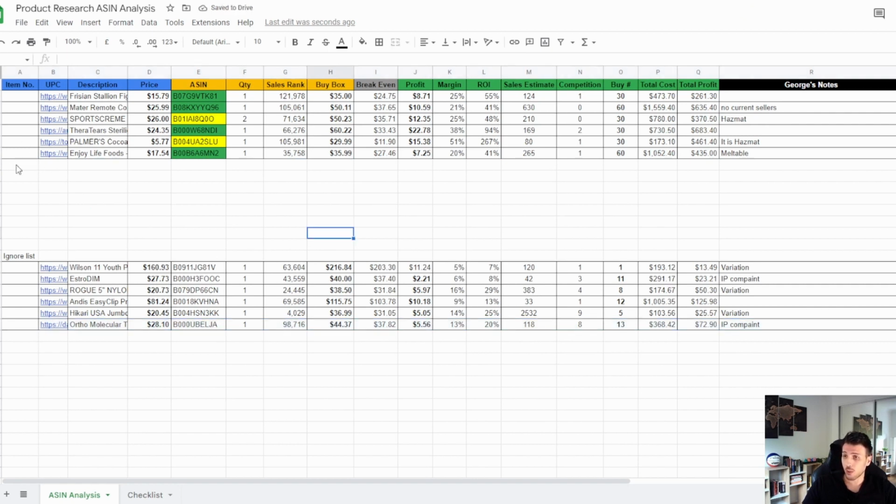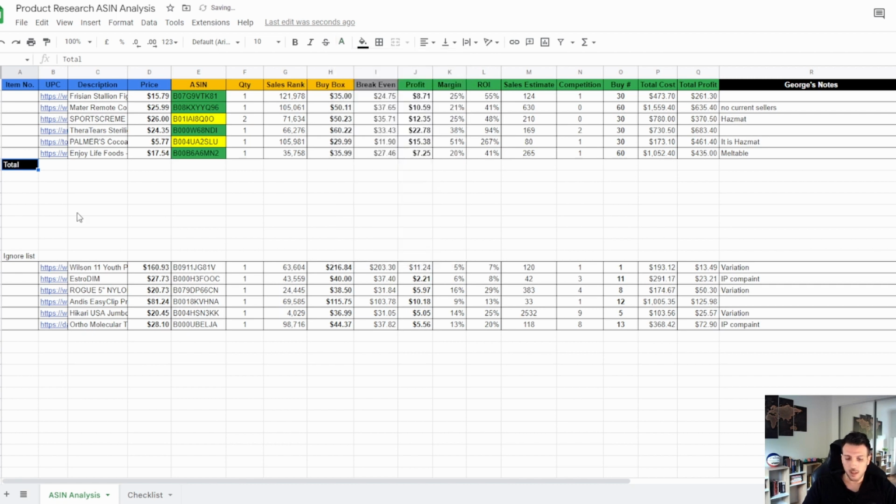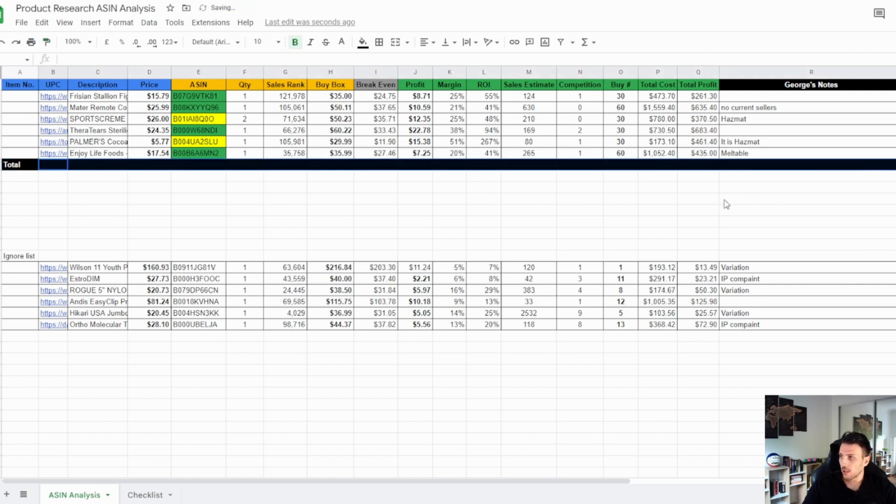All right, so next what we can do, these are the products that are looking good. So I'm going to come in here and I'm going to write this up. So I'm going to bring up the total on all this. So I'm just going to make this black, make it white, make it bold. Okay. So if we were to actually order this, what would the order look like?